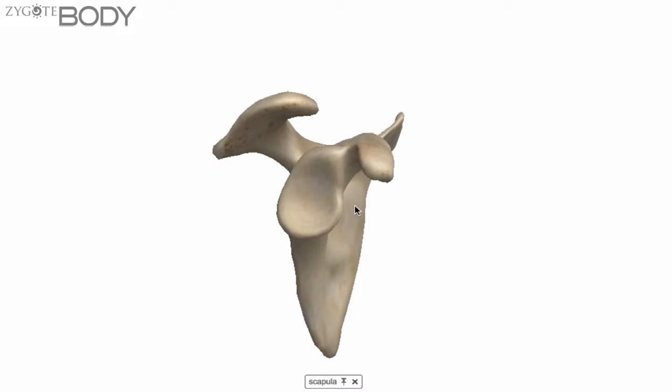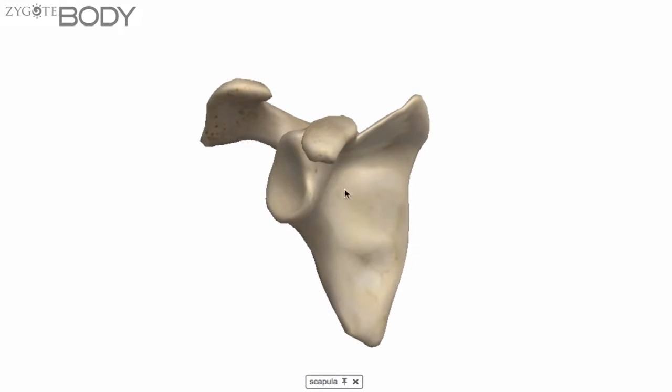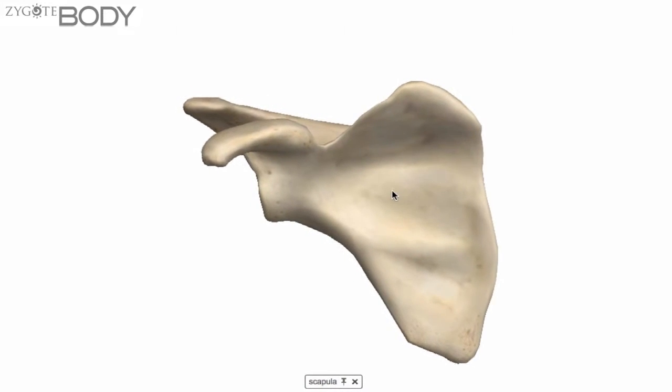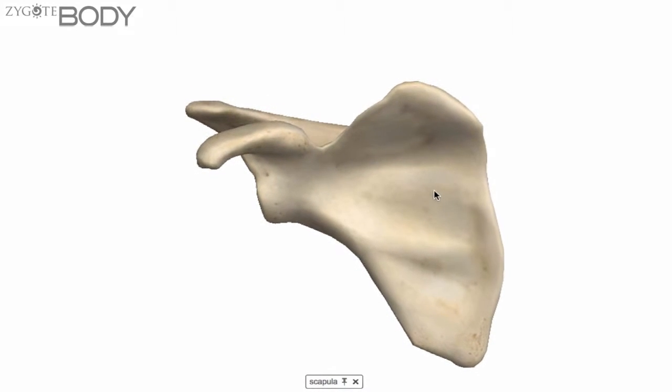Now, still on the anterior side of the scapula, but moving a little bit to the right, you will find here a notch, as you can see here. This notch is called the suprascapular notch.